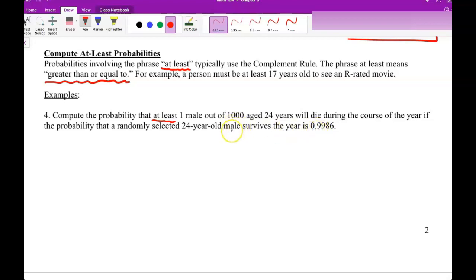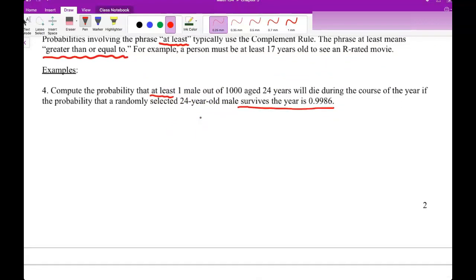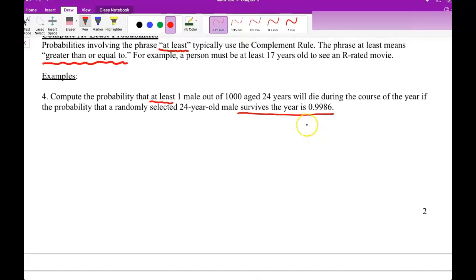So what we have here is the probability of survival, and it's asking to find the probability of at least one dying. Since they are randomly selected, we have independent events.